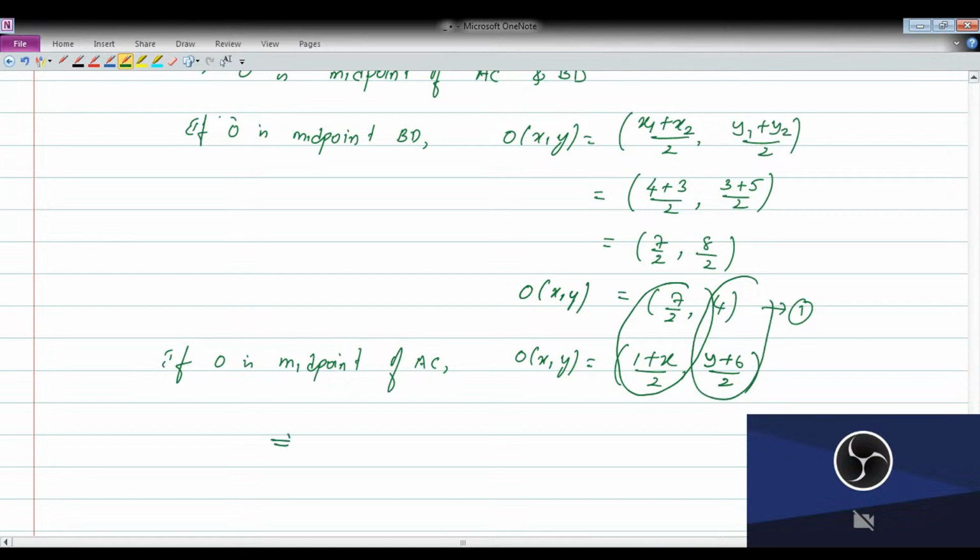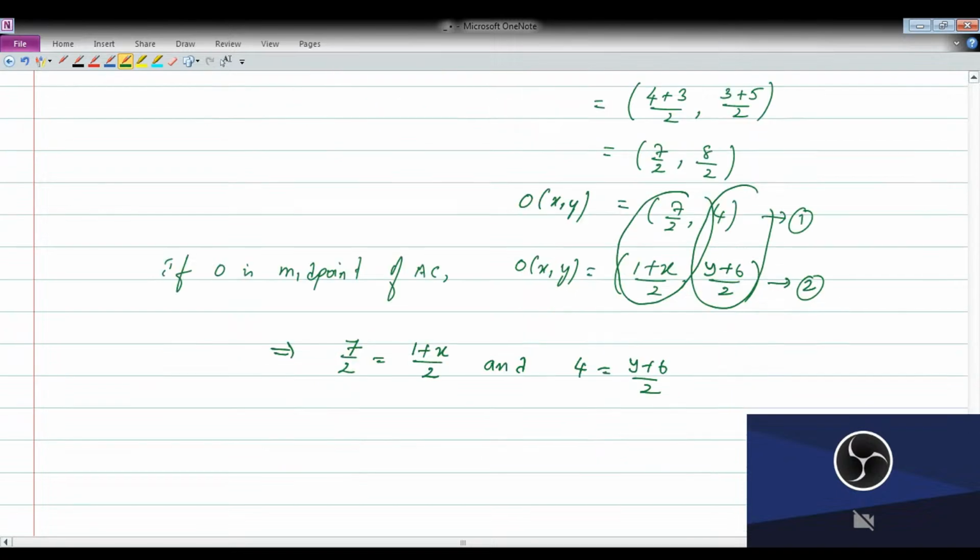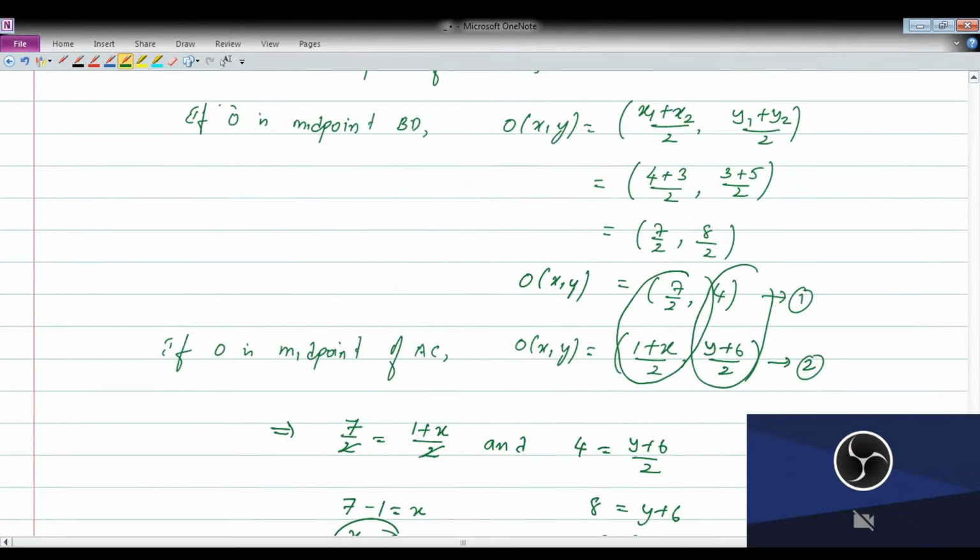So from equations 1 and 2, 7 by 2 is equal to 1 plus x by 2 and also 4 is equal to y plus 6 by 2. If we simplify this, 2 and 2 get cancelled, 7 minus 1 is equal to x, so x is equal to 6. Here 8 is equal to y plus 6, 8 minus 6 is equal to y, and y is equal to 2. So these are the possible values for x and y.